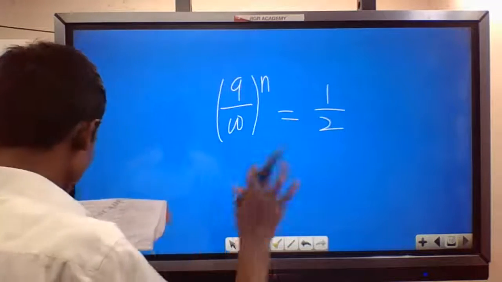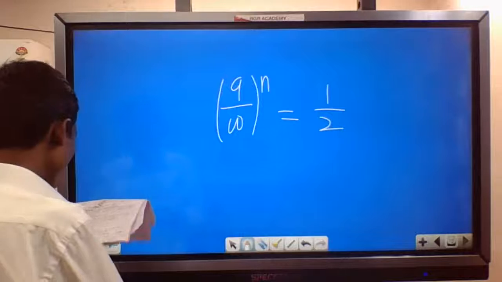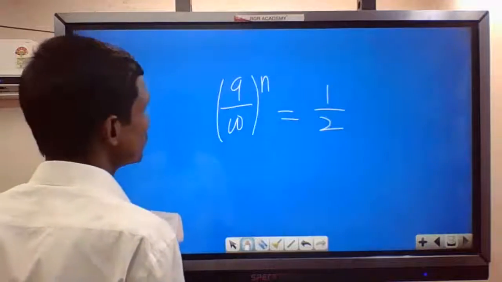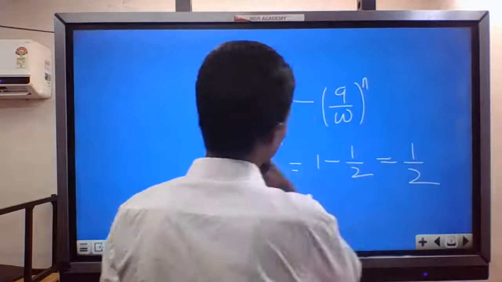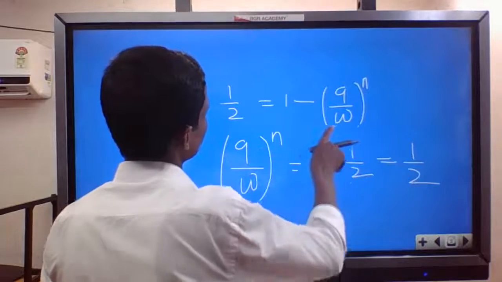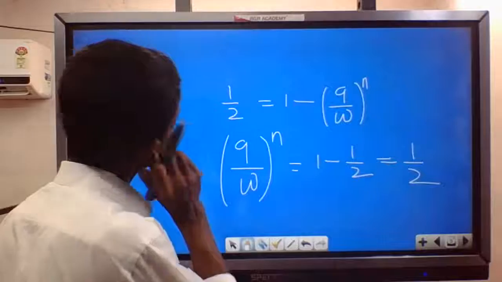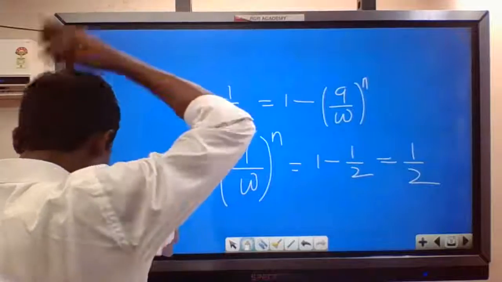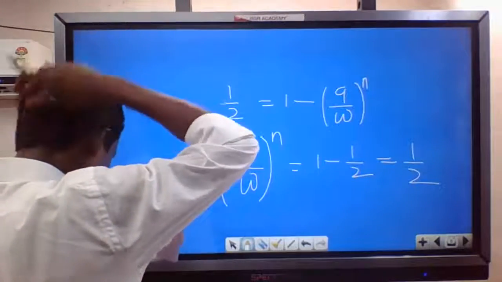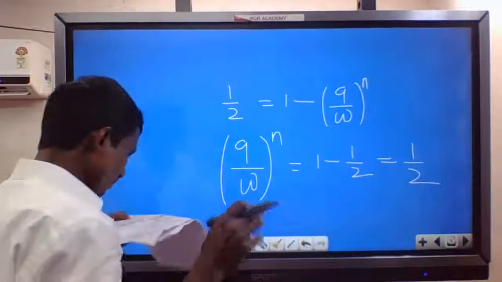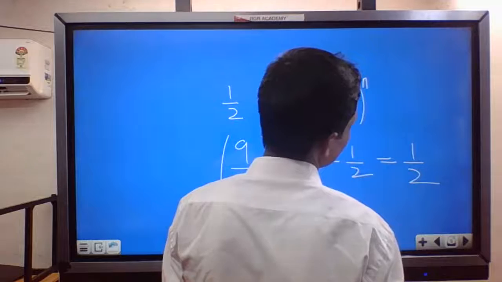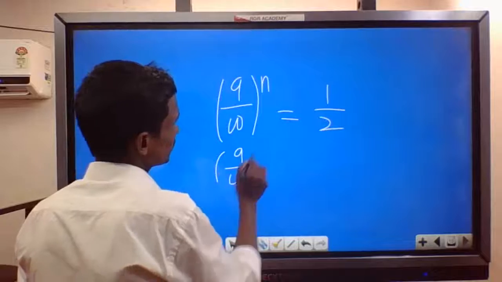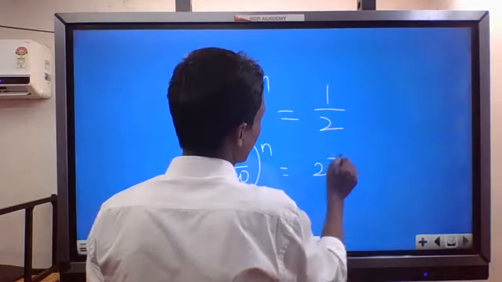Take log on both sides. (9 divided by 10) whole power n equals 2 power minus 1.